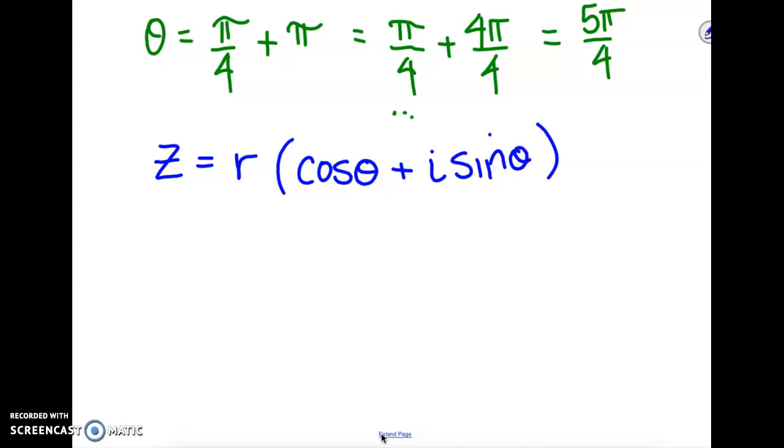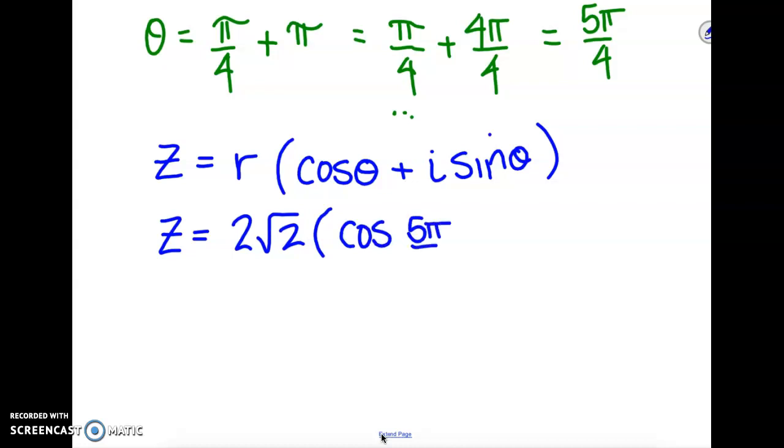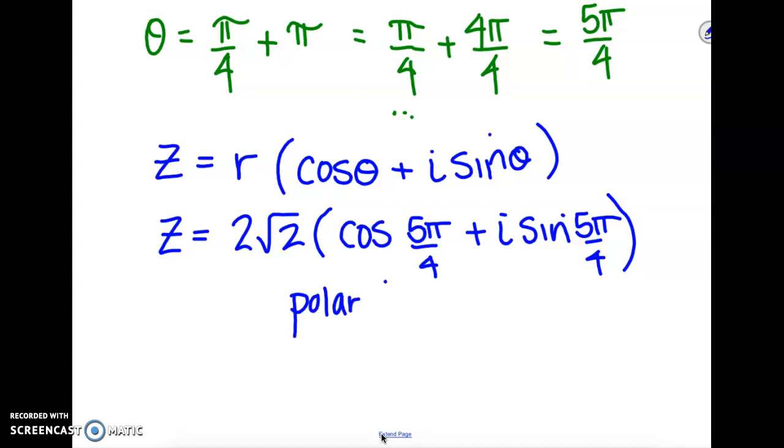Now we substitute everything in. So our complex number in polar form, we substitute the 2 square roots of 2 in, quantity, cosine of 5 pi over 4 plus I sine of 5 pi over 4. So this complex number is now in polar form.